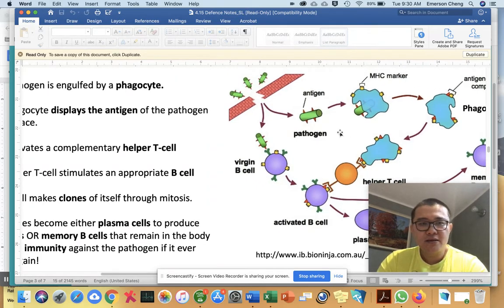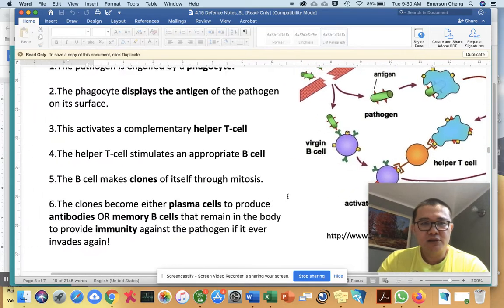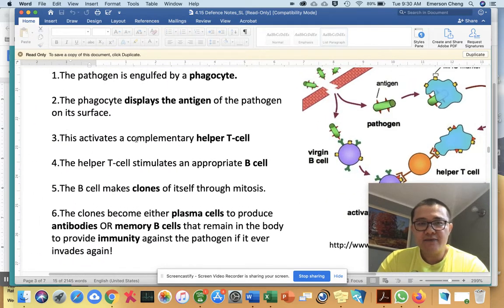Okay. Now, on the side here, this activates a complementary helper T cell. Now, a helper T cell is a specific type of white blood cell, so it is a lymphocyte. Okay, so T cells and B cells are lymphocytes.